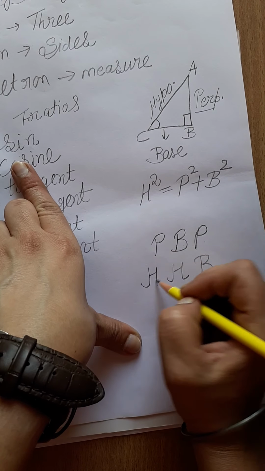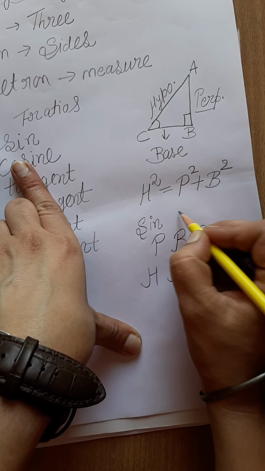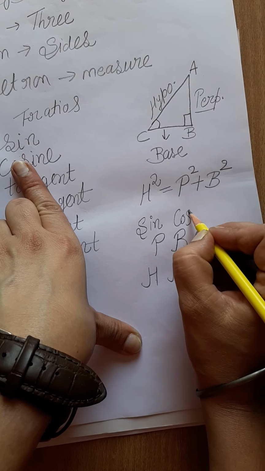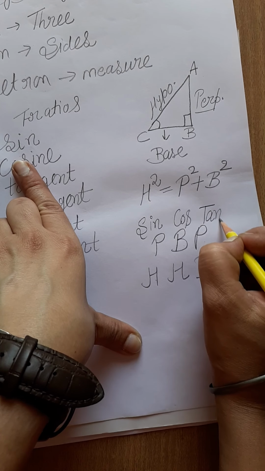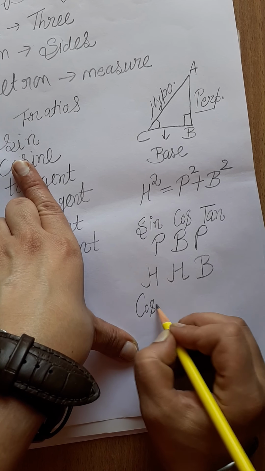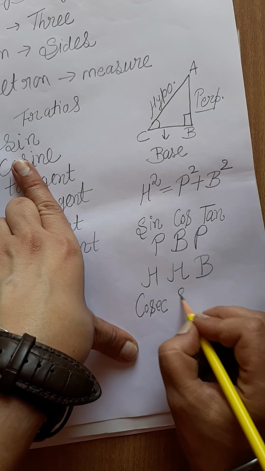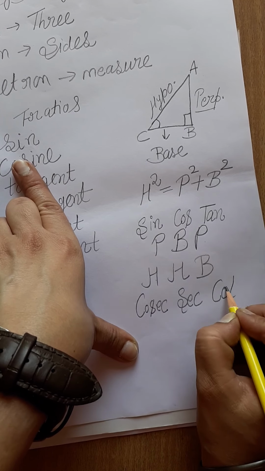So, we name it as sine. This one is cosine. This is tangent. And this is cosecant, secant, and cotangent.